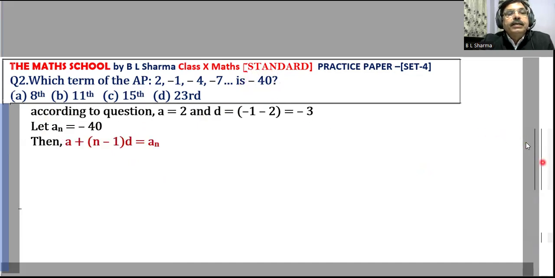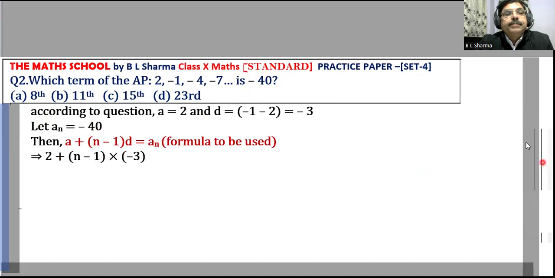Then using the formula for the nth term, a plus n minus 1 into d, for the value of a, put 2, n minus 1 as it is. In the place of d, put minus 3, and in place of the nth term, put minus 40. And now calculate yourself for the value of n. N की value आप find out करिएगा.